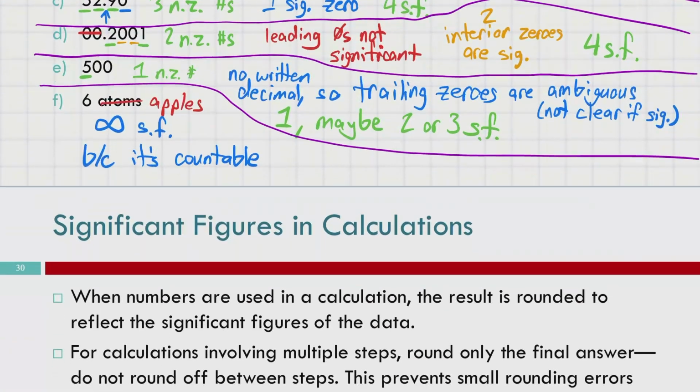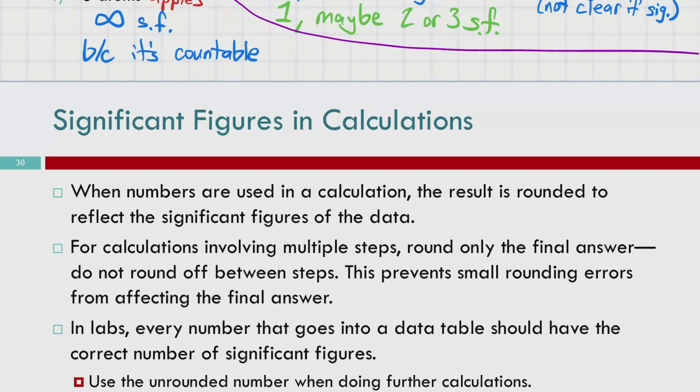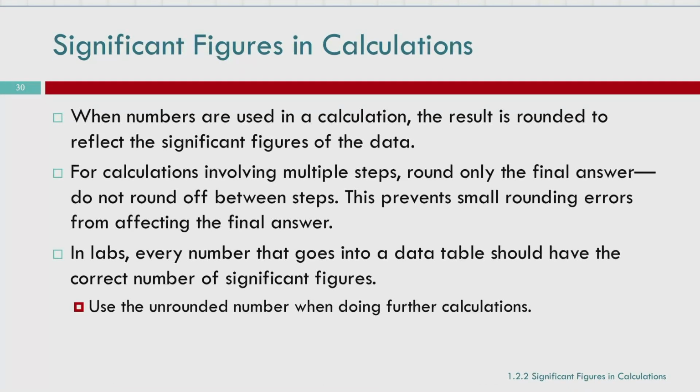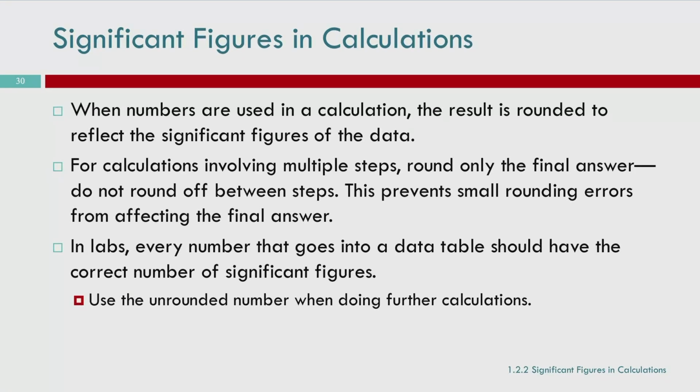Now to move on to some fun stuff. So significant figures get used in calculations, and this is the part that drives students crazy in lab. When numbers get used in a calculation, so plus, minus, divide, multiply, stuff like that, the result is rounded up or down to reflect the number of significant figures of the data or of the measurements.